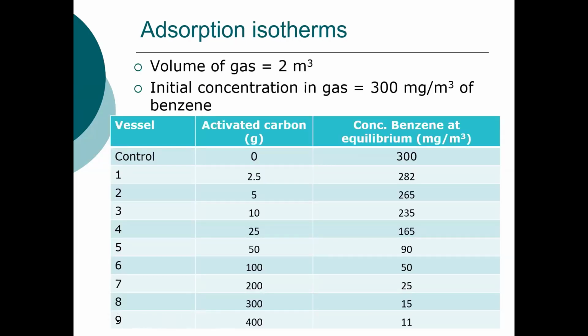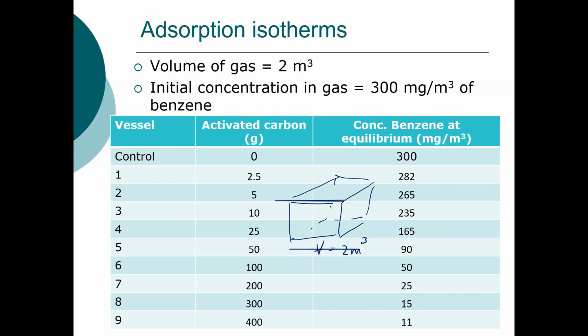So what I've done is I've set up a scenario where we can think of this as we have, let me just draw this as a box. So we have a volume of gas, and you're told that the volume is, and the initial concentration of benzene in the gas phase is 300 micrograms per cubic meter. Okay. And we run this experiment.